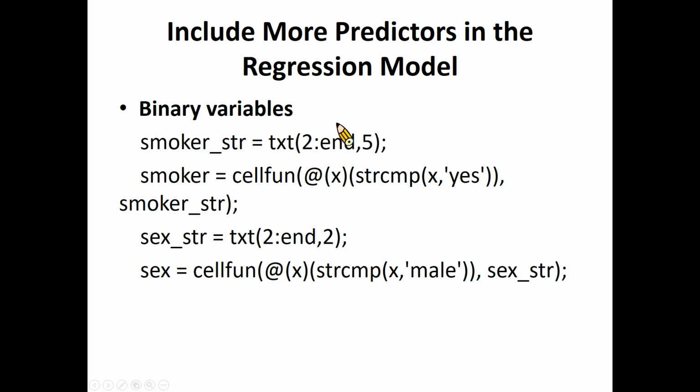Because it contains the name of the variable, we need to extract the variable from the second to the end. For the first dimension, I want everything from the second row of the table to the final row of the table, and the column is the fifth column in the table. This will give us the string output of the smoking status.